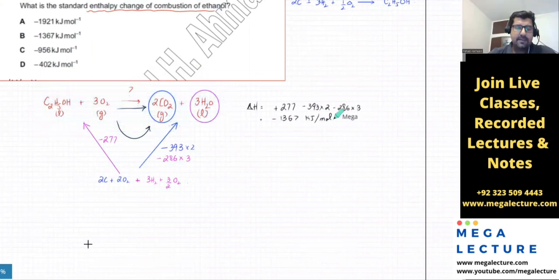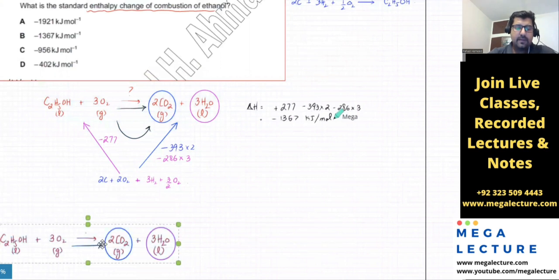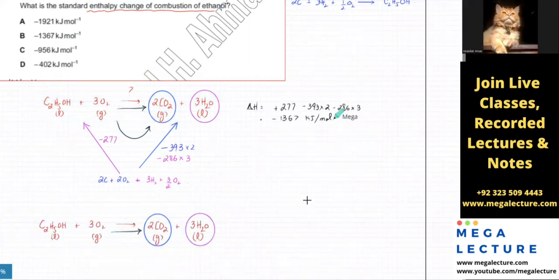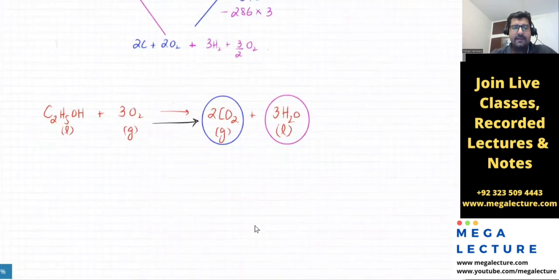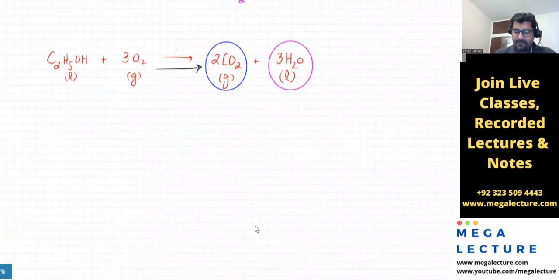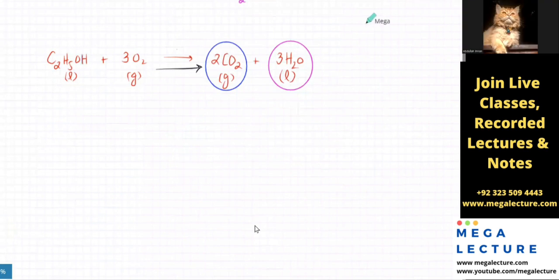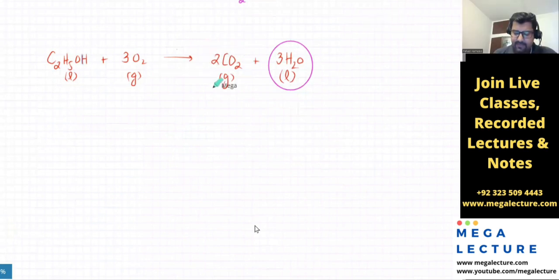So this is the formula. We have this reaction, the enthalpy change of combustion of ethanol. They want us to figure out the enthalpy change of this reaction. This is the enthalpy change that they're looking for.